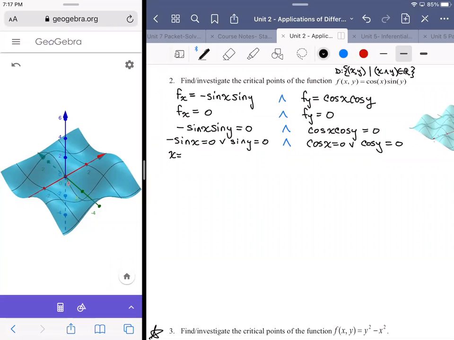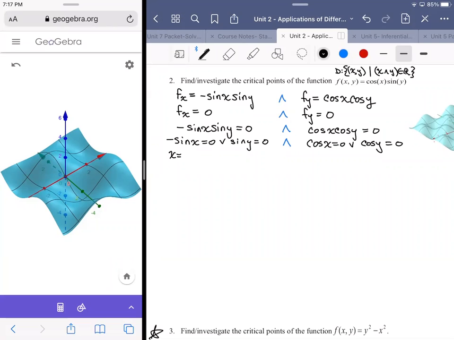So x can be equal, for this piece, to 0, pi, 2 pi, and everything in the opposite direction. So what I would say is, just start listing a sequence of values, and then generalize.